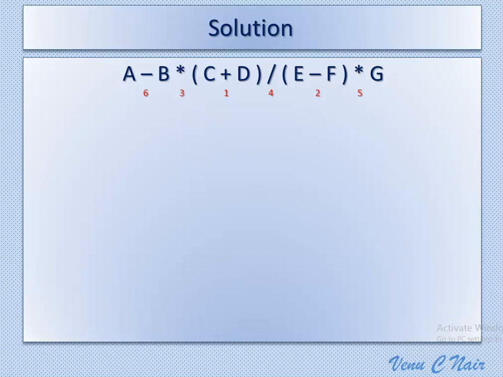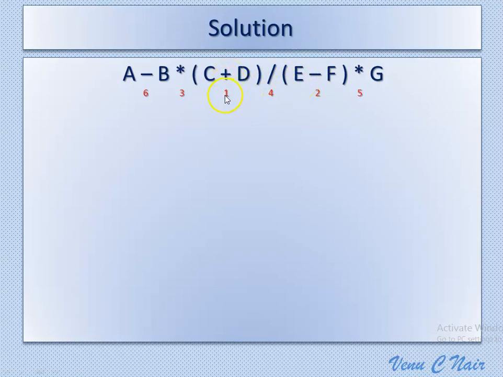There are 2 brackets available, for C plus D and E minus F. The one coming towards the left will be taken first. So C plus D will be evaluated first and then E minus F gets evaluated.